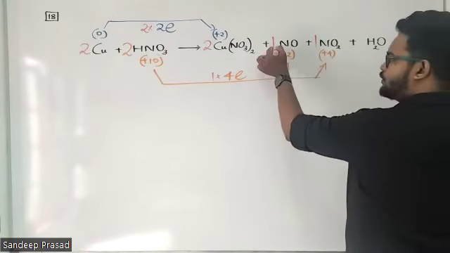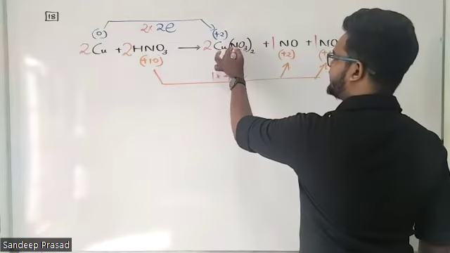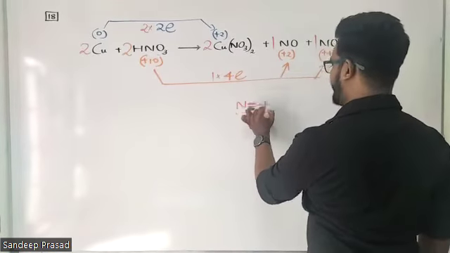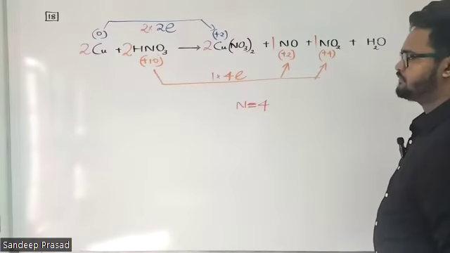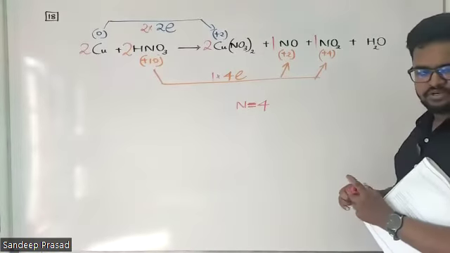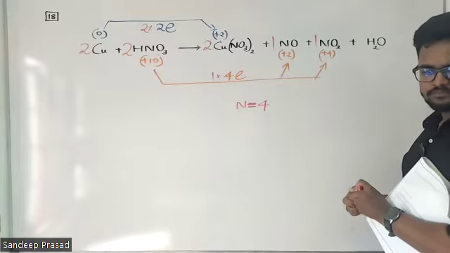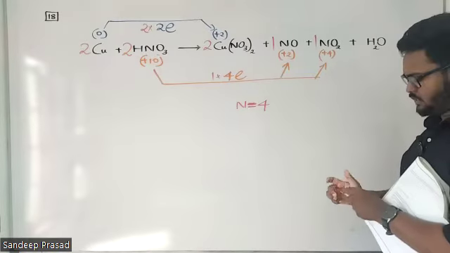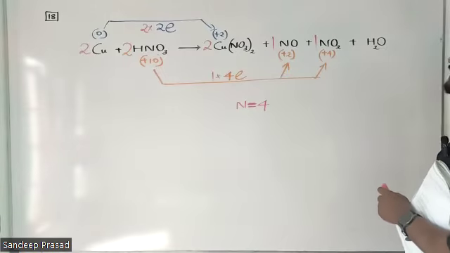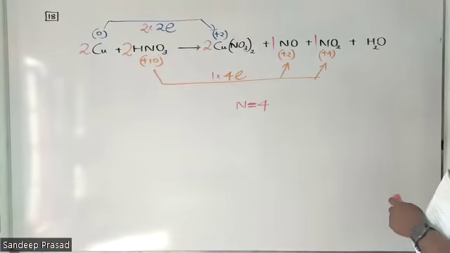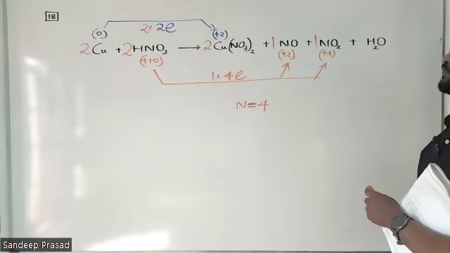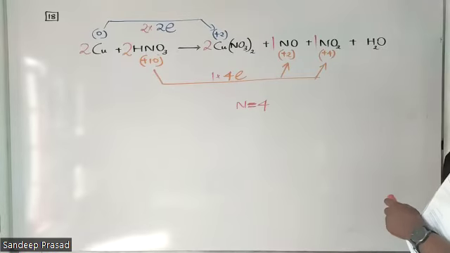In the right hand side, there are 4 nitrogen atoms. Then why is the reaction not balancing yet? What is the reason?